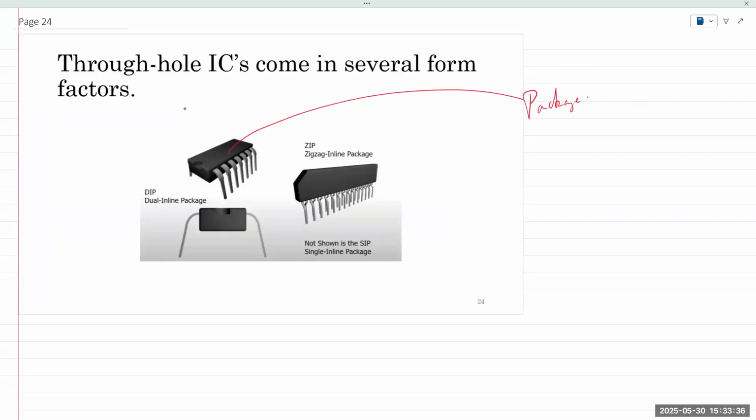The actual chip inside of this is not even this big. Probably less than 1 millimeter in size. Okay, so the actual chips that we see are encapsulated inside this epoxy packaging. The actual chip is very, very small.